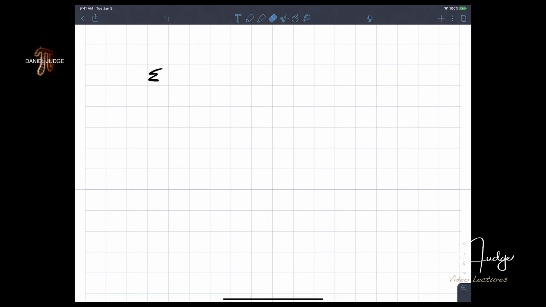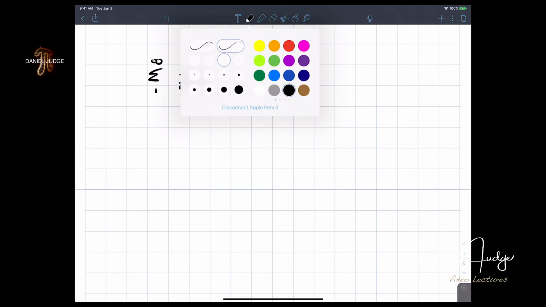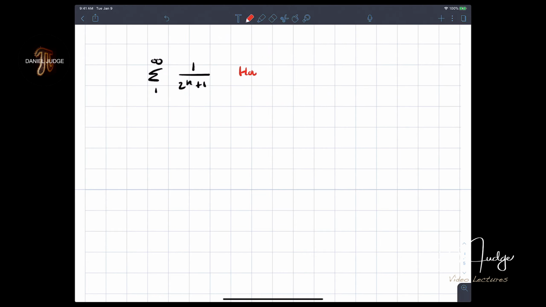We already looked at the comparison test on this one. How do we use the limit comparison here? So the big question is going to be, how can we use the limit comparison test?